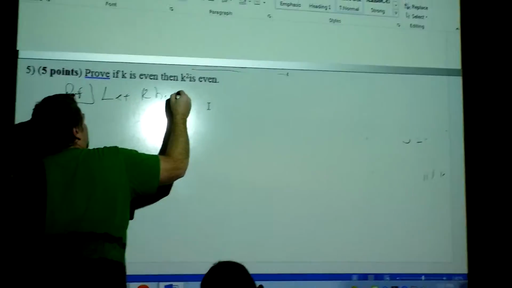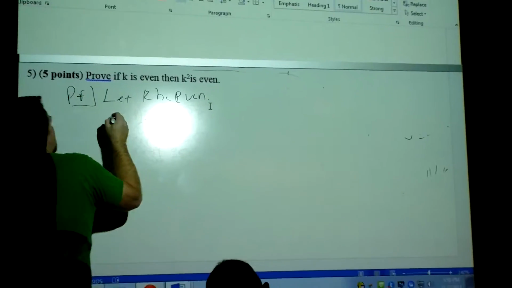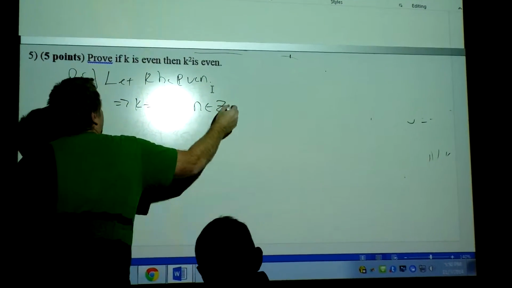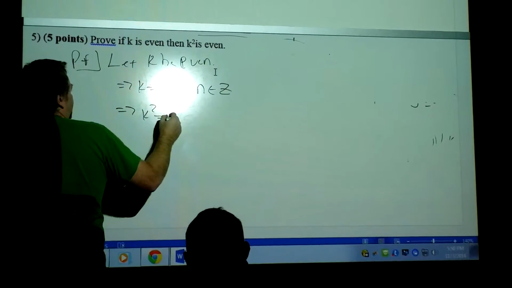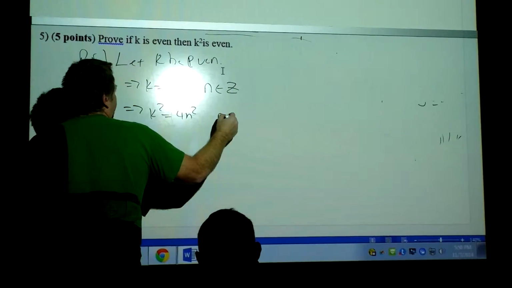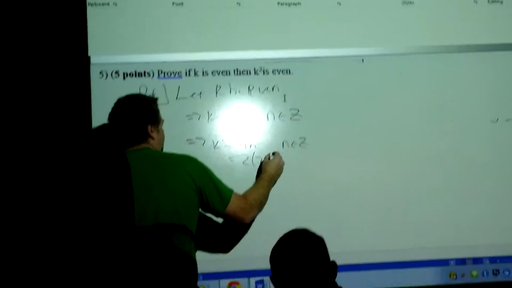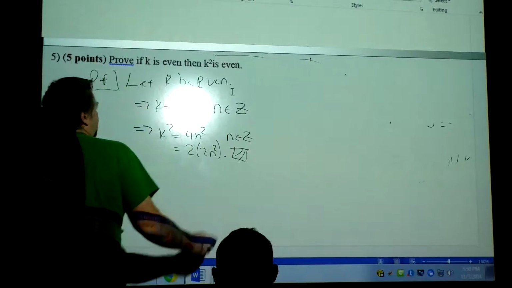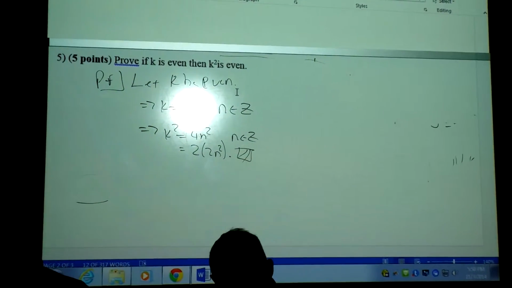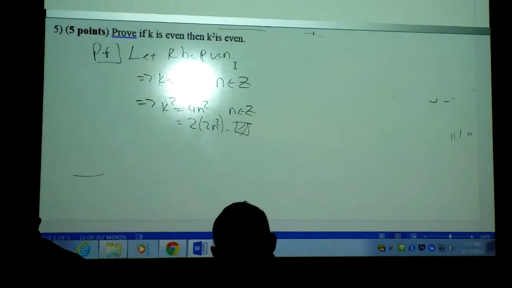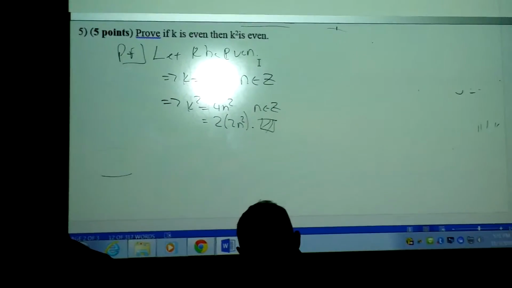So the proof: let k be even, that implies k equals 2n, where n is an integer. That implies k squared is 4n squared, and this is equal to 2 times 2n squared, which is even. Let k be 2n, you square it, it's a multiple of 2.